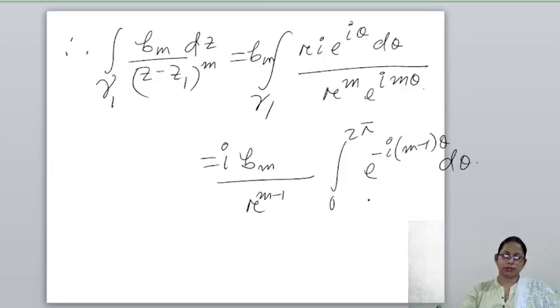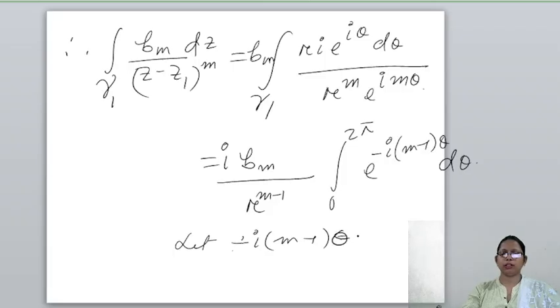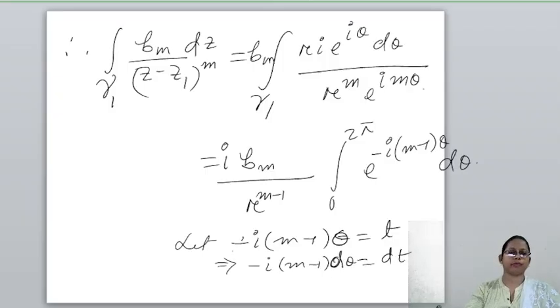Next, here I will put this equal to t. Let minus i (m minus 1) theta be equal to t. This implies minus i (m minus 1) d theta equals dt, which implies d theta is equal to minus dt divided by i (m minus 1).